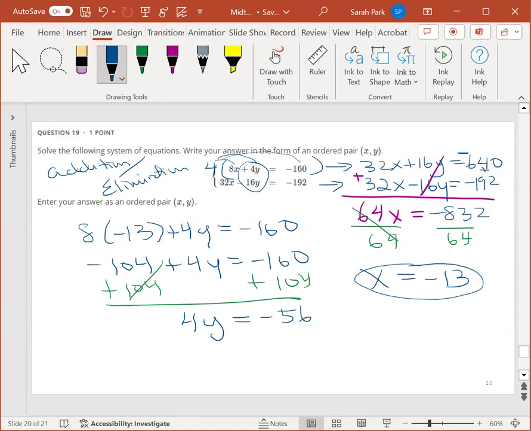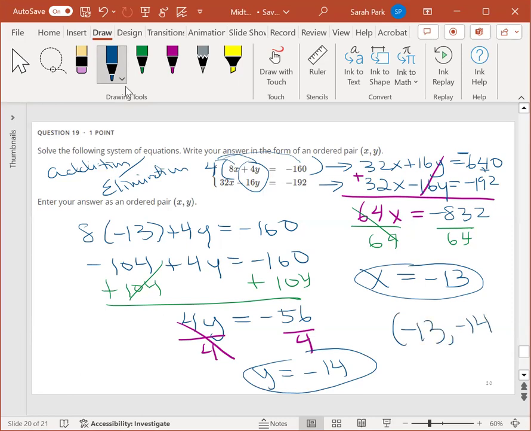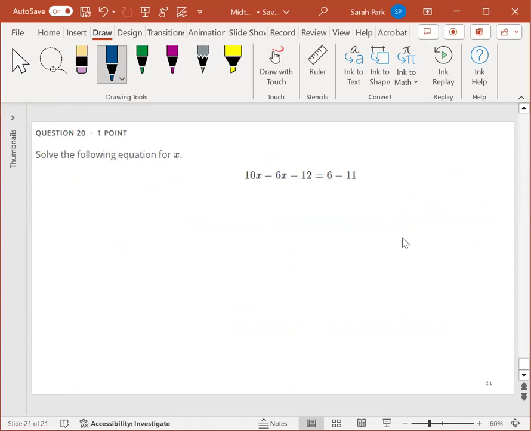Then we divide both sides by 4. We have y is equal to negative 14. Okay, so we have x equals negative 13, y equals negative 14 as our solution. And you can plug that back into both the top and the bottom equation just to double check your work.